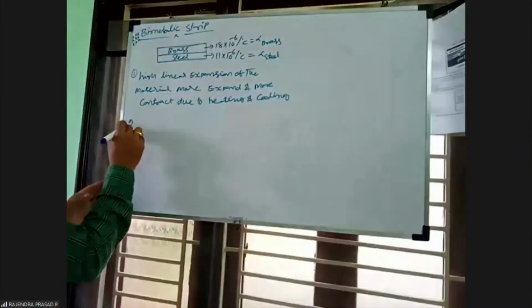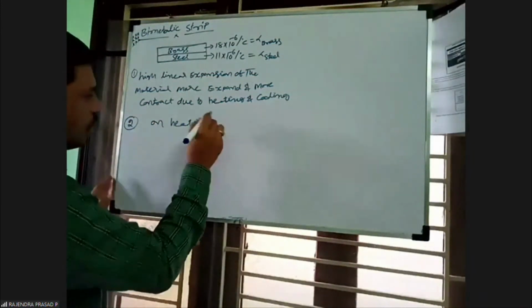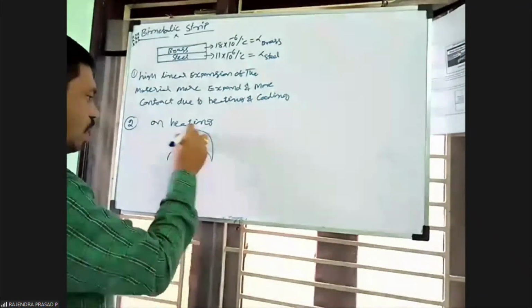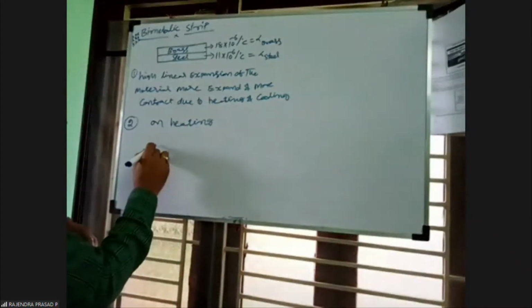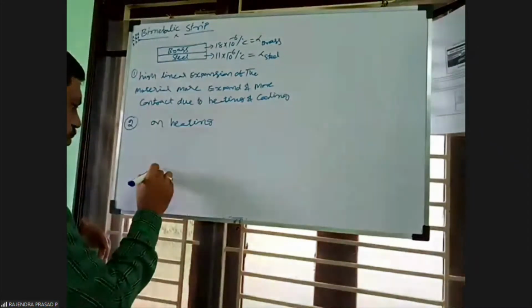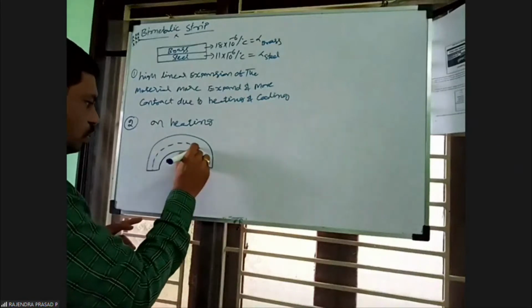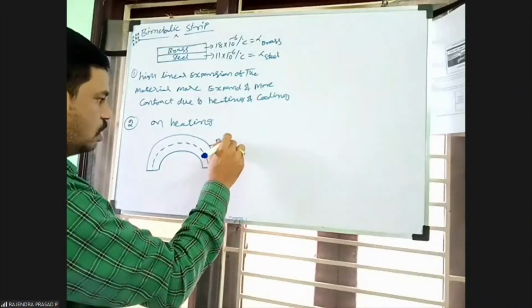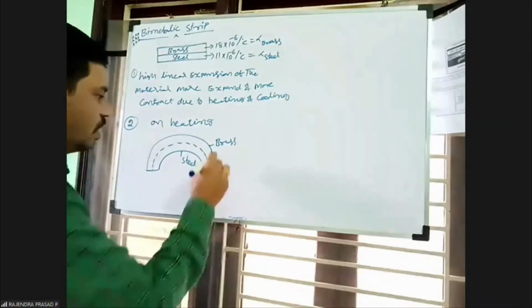Second one is on heating. On heating, this is the brass one, and this is the steel. On heating, this is the convex shape.